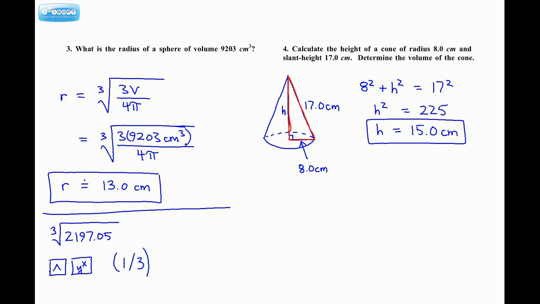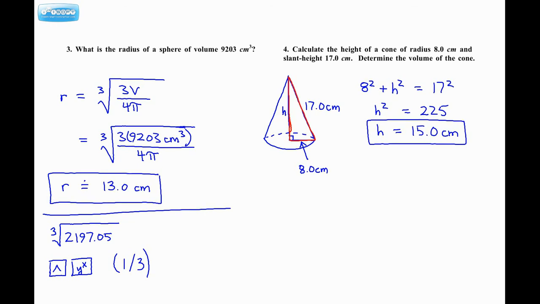So I need that. Now let's find the volume of the cone. The volume of a cone is just pi r squared h divided by 3. So pi times the radius squared times the height, which I just figured out is 15. That's just the volume of a cylinder, but I want a cone, so I'm going to divide everything by 3.